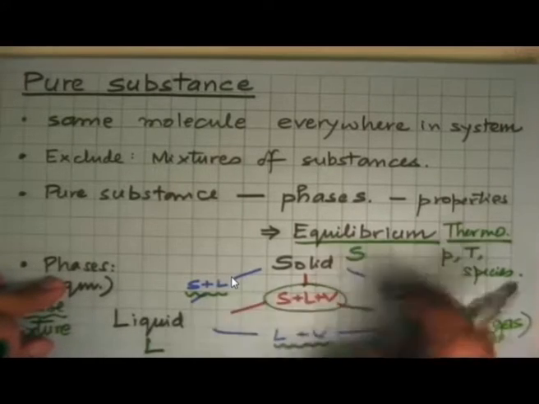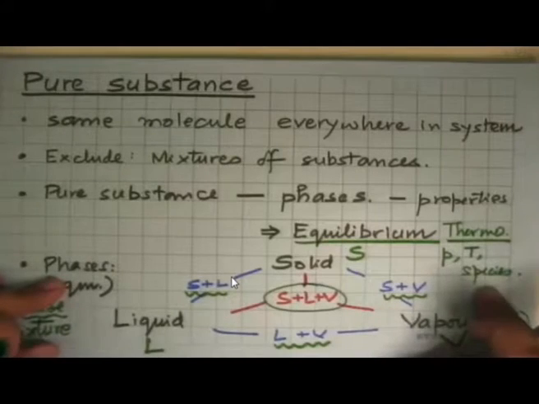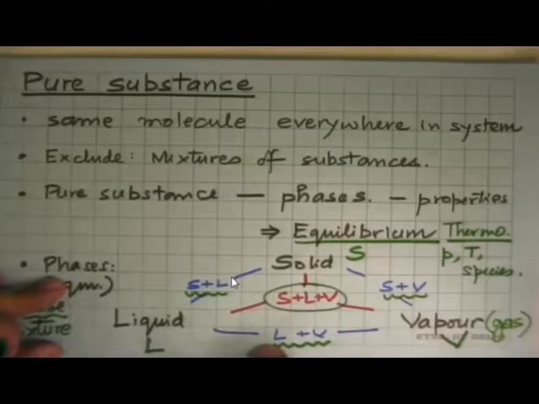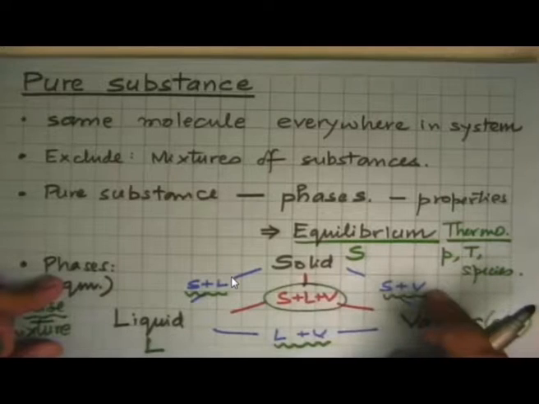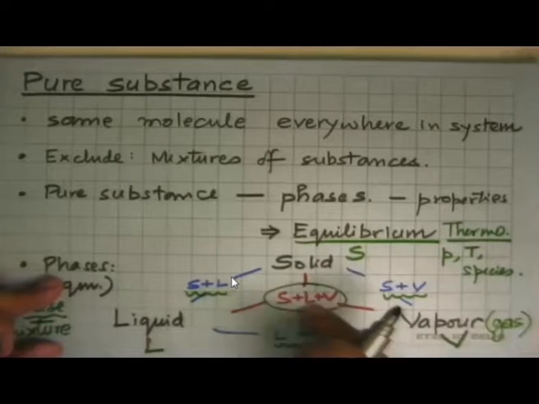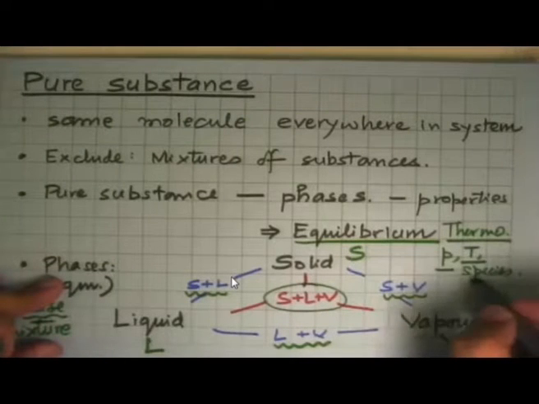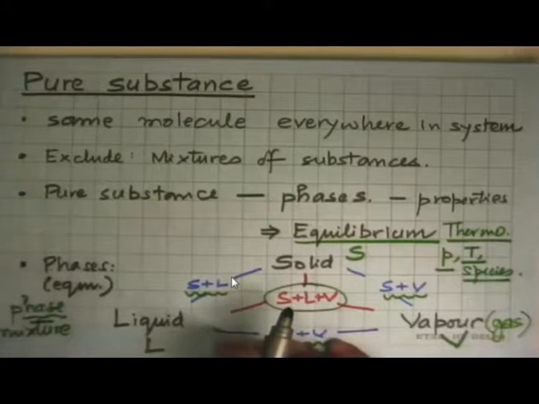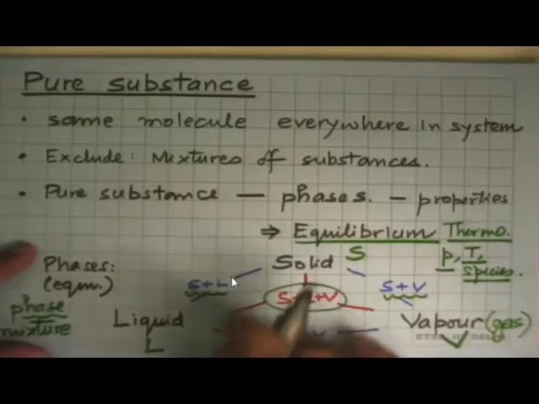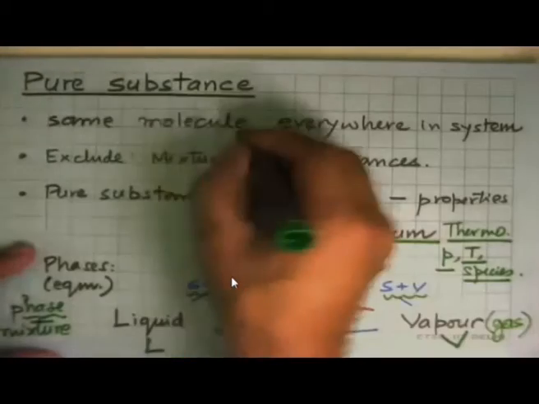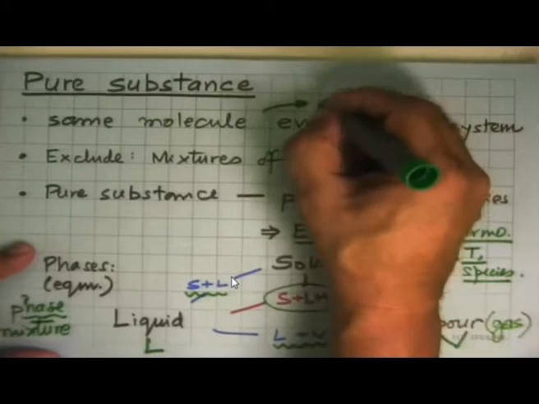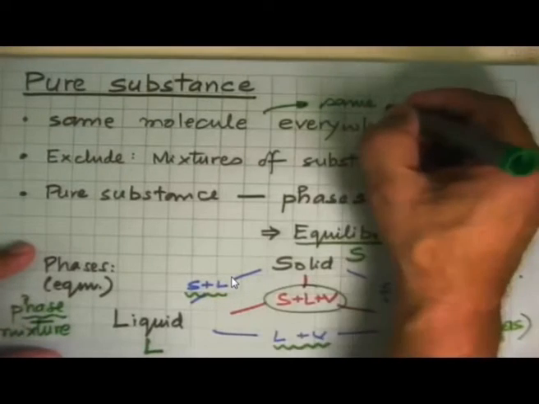So these mixtures satisfy this property, that everywhere in the mixture, whether you look at a small element in the liquid or a small element in the vapor, or in this case solid and vapor, or in any of the three, in all cases the pressure will be the same, the temperature will be the same, and of course it is the same species because we are looking at a pure substance. So if we say same molecule everywhere, essentially we are saying it is the same species.